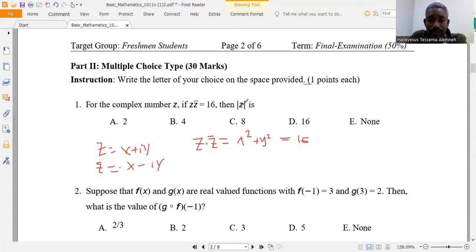Now, what is the definition of the modulus of z? The modulus of z is defined as this one.